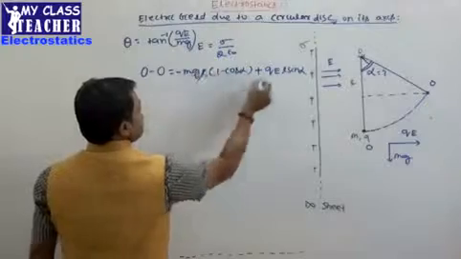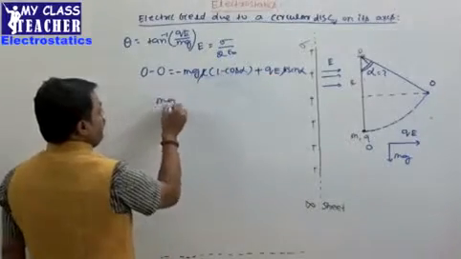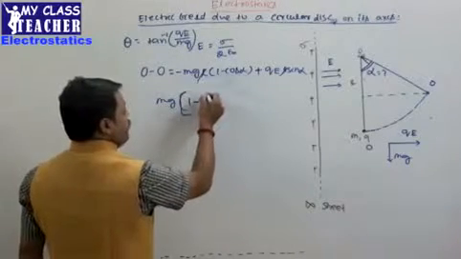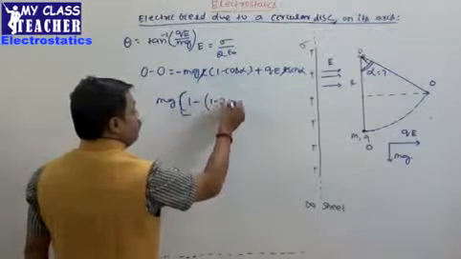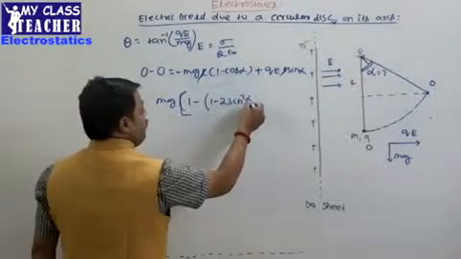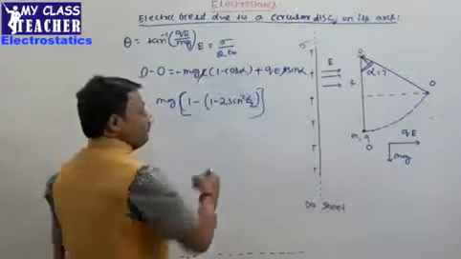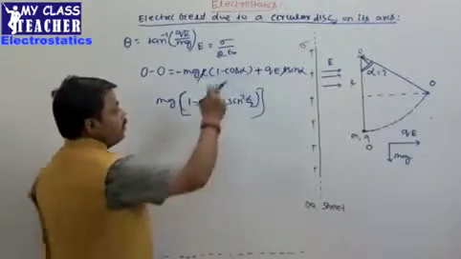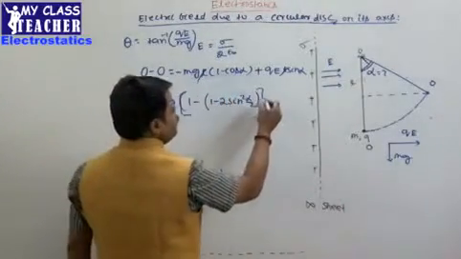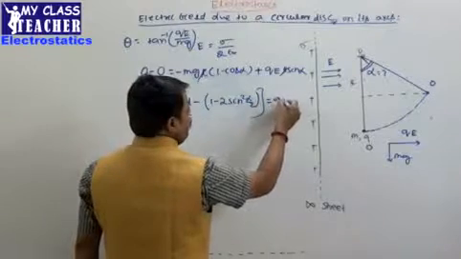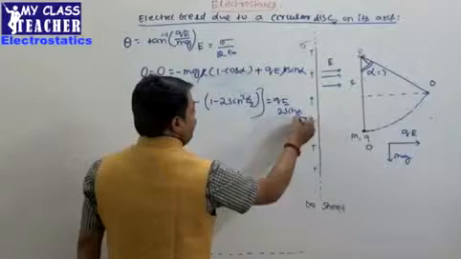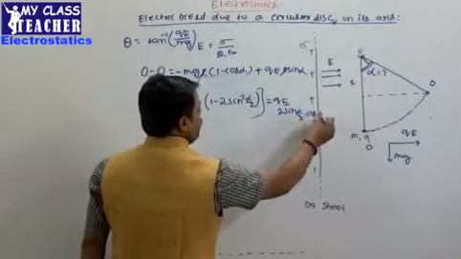How? You see, this L is getting cancelled. So mg into (1 minus cos alpha) equals QE sin alpha. Because cos 2x is equal to 1 minus 2 sin square x, 1 minus cos alpha is equal to 2 sin square alpha by 2. Sin alpha can be written as 2 into sin alpha by 2 into cos alpha by 2.